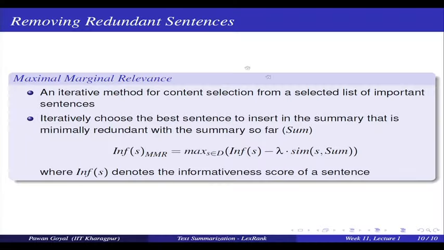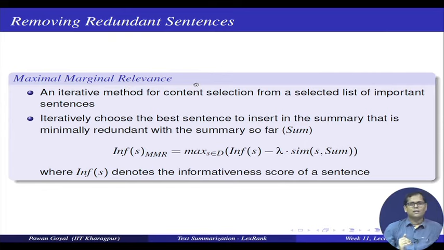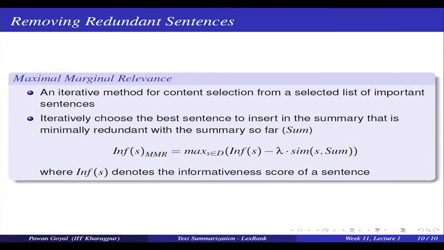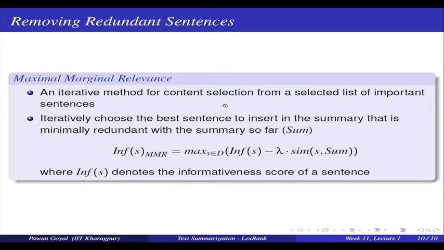I'll quickly tell what approach you will use for diversity, and this is called the maximum marginal relevance. So given something is already in the summary, how much more relevance you are bringing in by the new sentence. So this is like an iterative method for content selection from a selected list of important sentences.